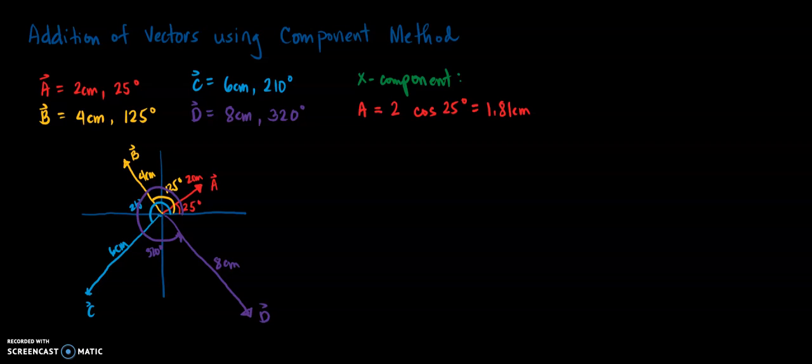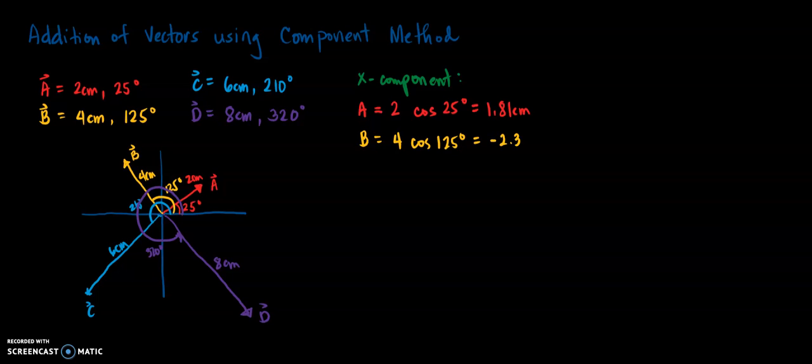And for vector B, that is the magnitude of vector B, 4 centimeters, cosine of the angle from the reference axis formed by vector B, that is 125. So what is 4 times cosine 125? That is negative 2.30.